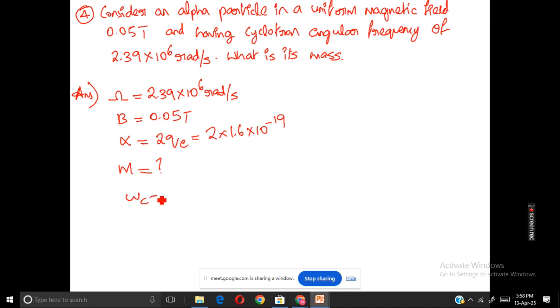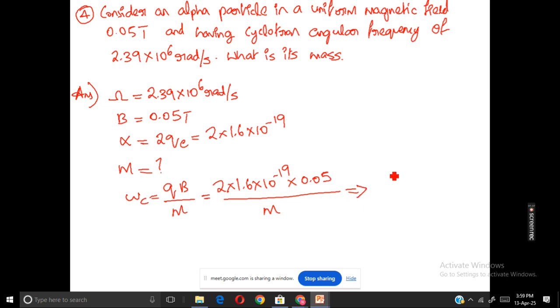So omega c, or the cyclotron frequency, is given by qB by m, which is equal to 2 into 1.6 into 10 raised to minus 19 into 0.05 divided by m.